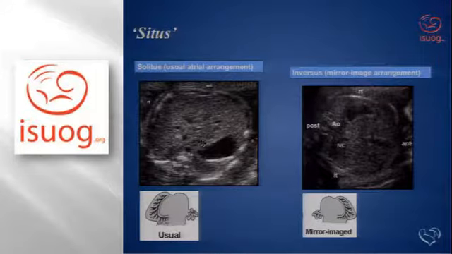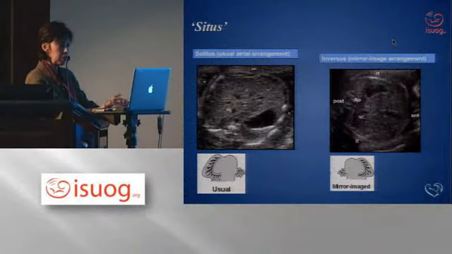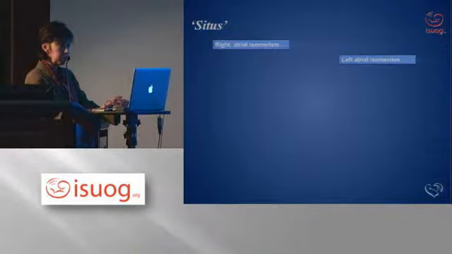The only difference is when you work out right and left of the baby, you realize that in this situs solitus, the stomach is left side, and in this one here, the stomach is right side, and that's obviously dependent on fetal position. But otherwise, the picture is absolutely the same. You can label them in any way. So very important to determine laterality.